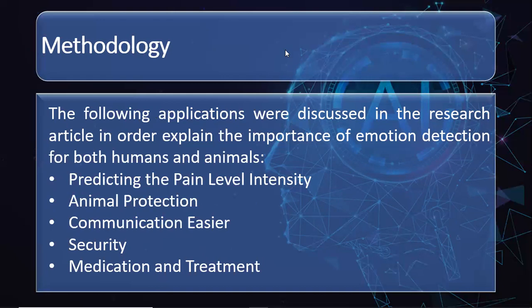Number two, animal protection. Then number three, making communication easier. Then security, and also it is used in medication treatment. So those applications were used to discuss the importance of emotion detection for humans and also for animals.